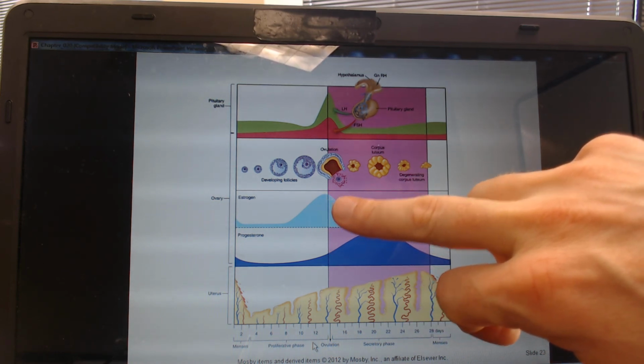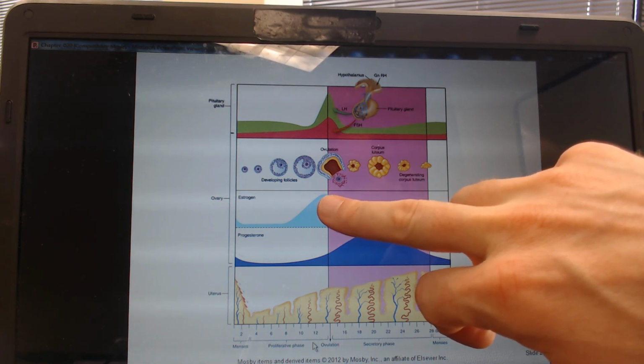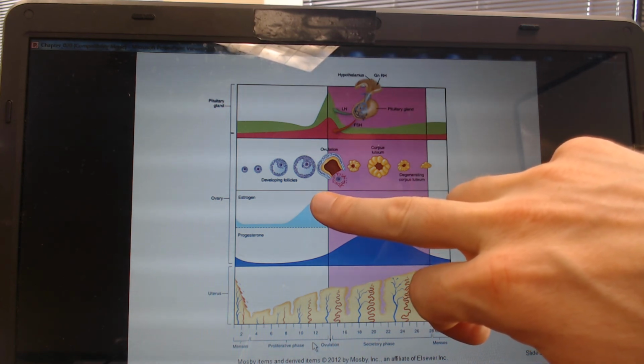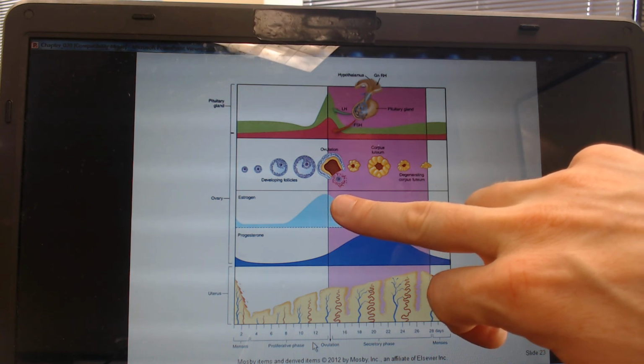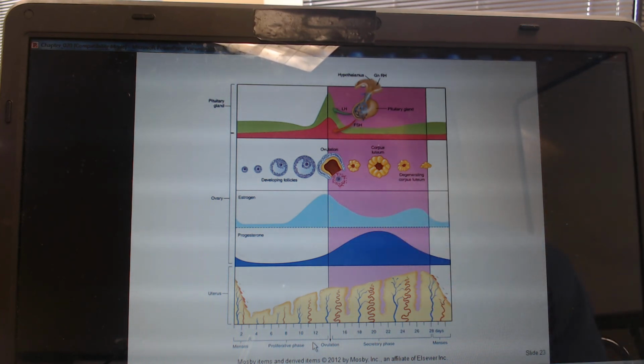Estrogen hits its peak shortly before the ovum is released from the Graafian follicle, and then starts to taper off just slightly after ovulation, and then it really tapers off during the secretory phase.